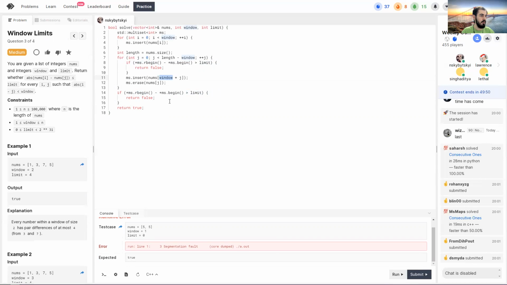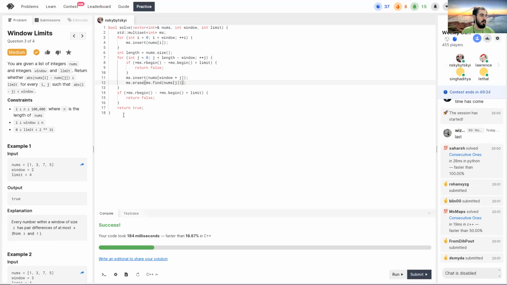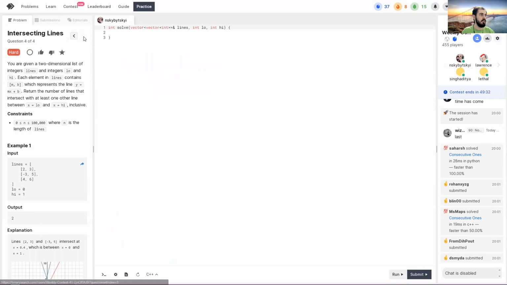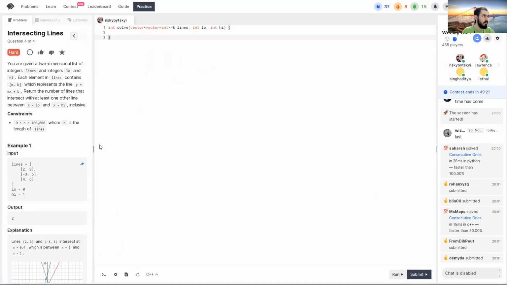What's wrong? I mean, it should not fail, okay? I don't know what that was about. Potentially erasing something strange from the multi-set can give you an error.